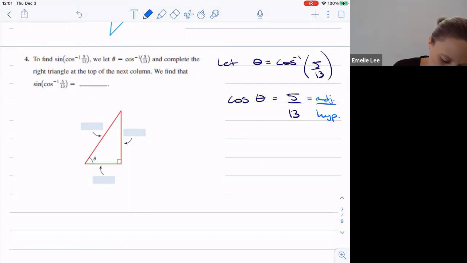So then we can fill this in and say the adjacent is this side and the hypotenuse is this side. Now I need to use the Pythagorean theorem to solve for the remaining side.